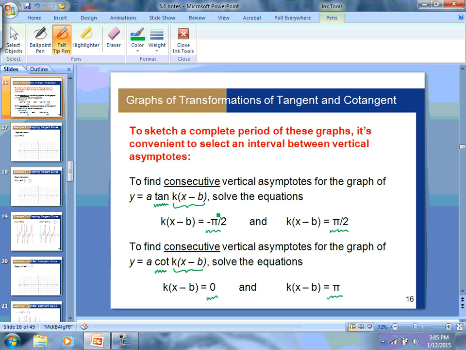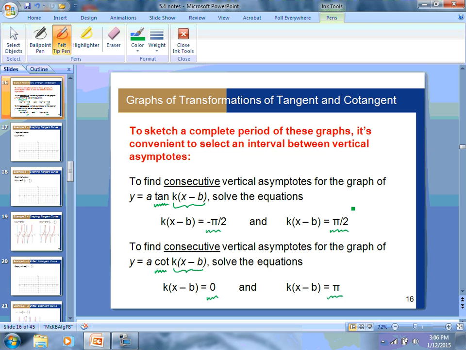Okay? And the tangent function is undefined at negative pi over 2, which is the same as 3 pi over 2, and pi over 2. So that's why we're setting these equations equal to negative pi over 2 and pi over 2 for tangent. So there is some remembering that you have to do here.